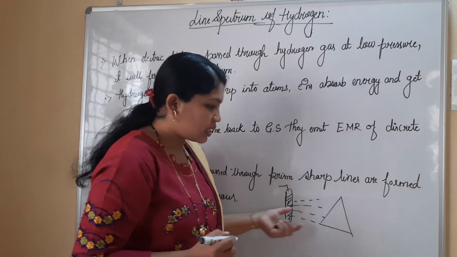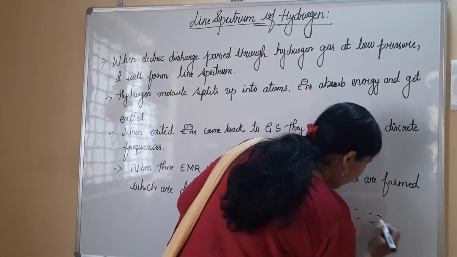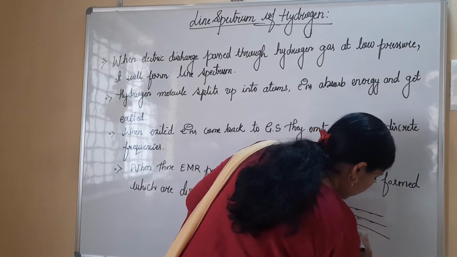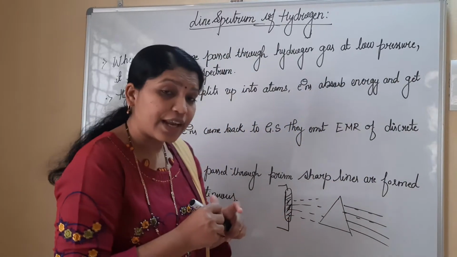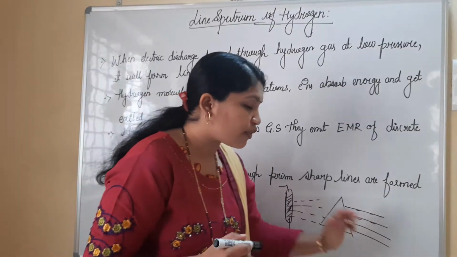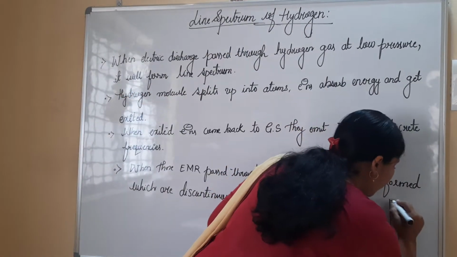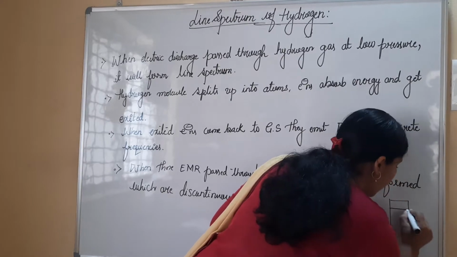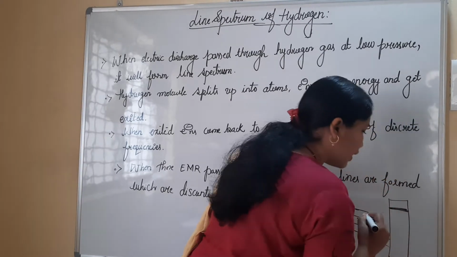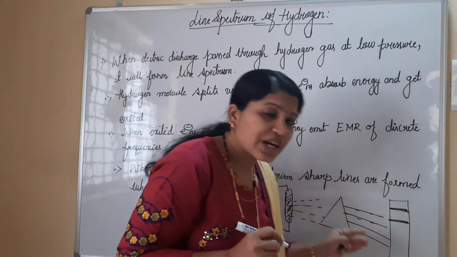Once we pass these radiations through the prism, what happens? We observe different types of electromagnetic radiations. I repeat, different types of electromagnetic radiations will be seen in the form of sharp lines, and those lines are discontinuous in fashion.